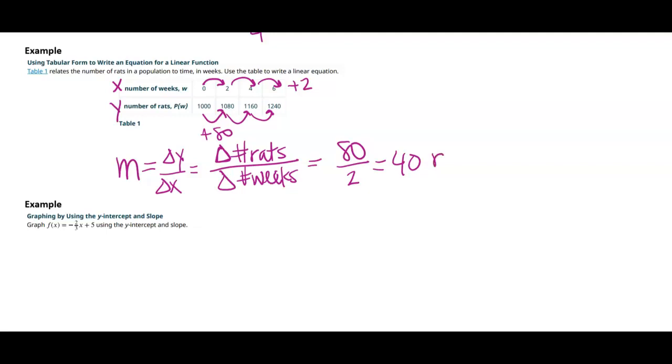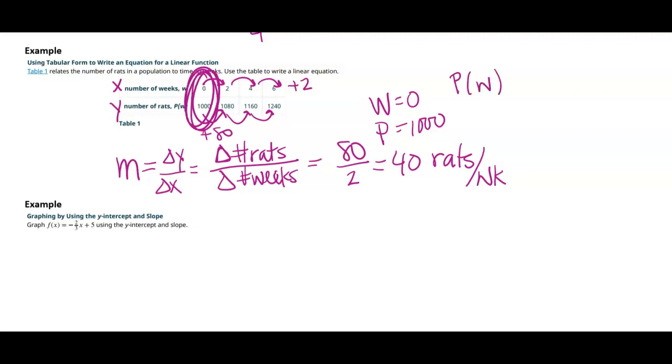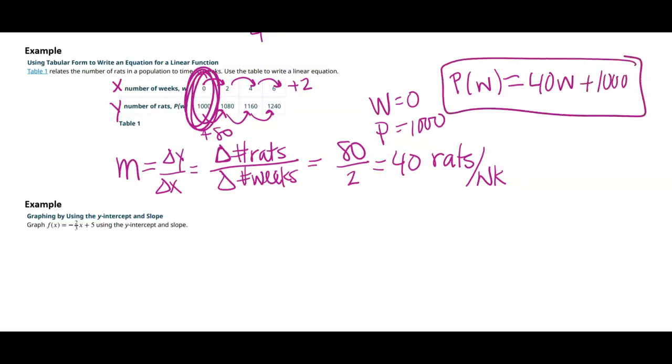So that's going to be my units here. I also have my initial value right here, my 0 when W equals 0. It looks like the population is 1,000. And so I can write this in function notation. It gives me P of W equals 40W plus 1,000.